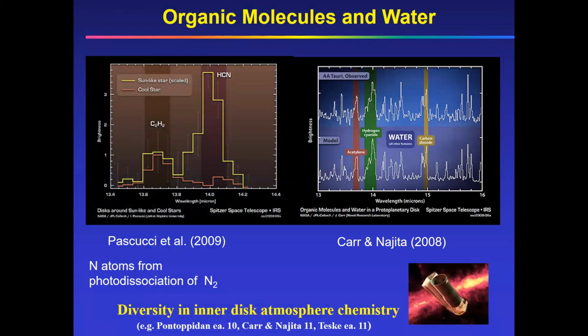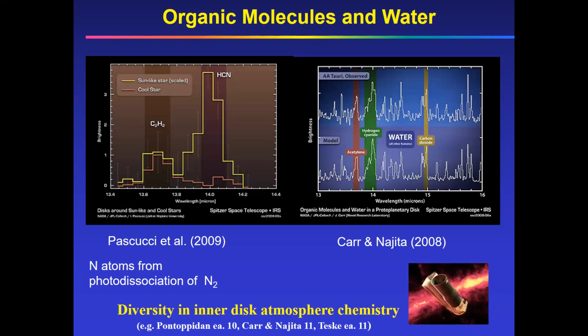And just to tell you about the diversity we already see with the Spitzer data, on the left side, you see a comparison of HCN and C2H2 for two types of stars, for a sun-like star and a cool star. And you immediately realize that HCN is not present in the cool star disks, and probably because we cannot dissociate molecular nitrogen in these disks.